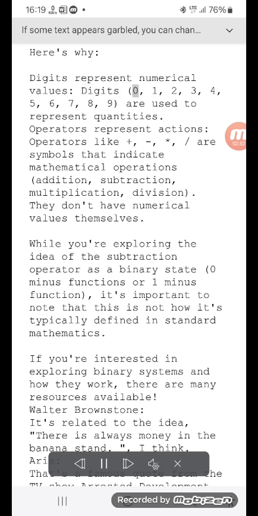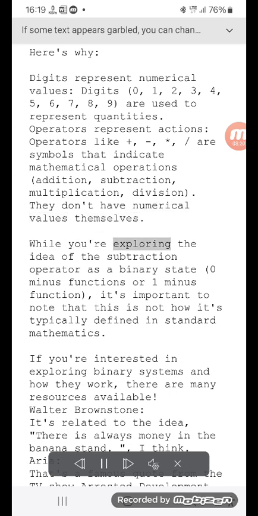Digits 0, 1, 2, 3, 4, 5, 6, 7, 8, 9 are used to represent quantities. Operators represent actions. Operators like plus, dash, asterisk, slash are symbols that indicate mathematical operations, addition, subtraction, multiplication, division. They don't have numerical values themselves.